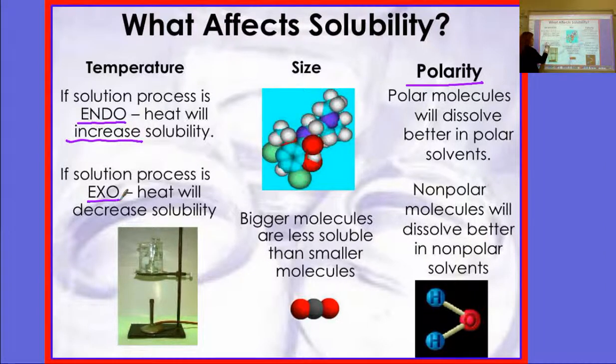If your process is exothermic, heat will decrease your solubility. We'll get into this again in a later slide. And size affects solubility. It's easier to dissolve smaller molecules than it is to dissolve bigger molecules. Usually the larger the molecule, the less soluble it is.